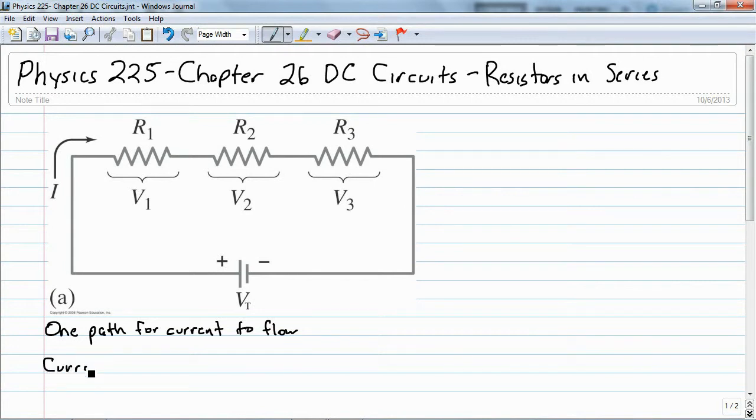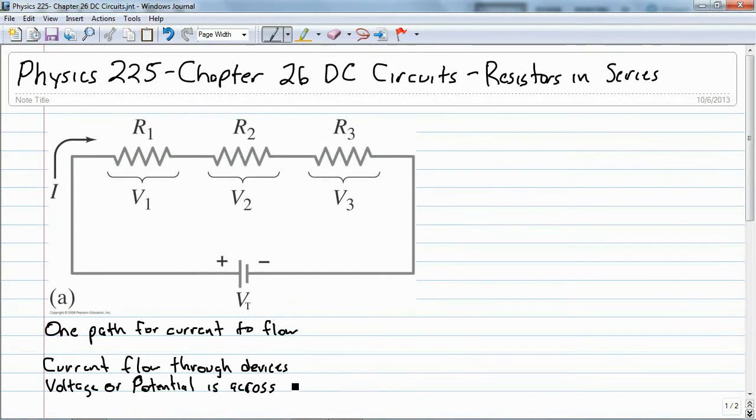So currents flow through devices, in this case resistors, and voltage or potential is across devices.